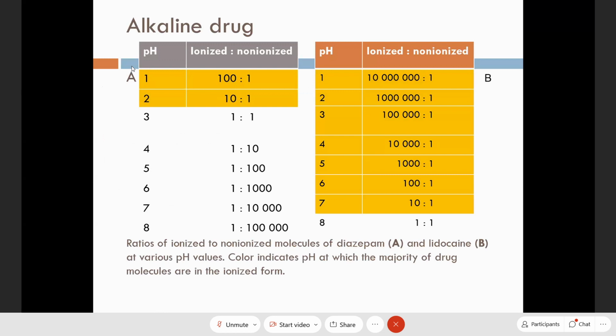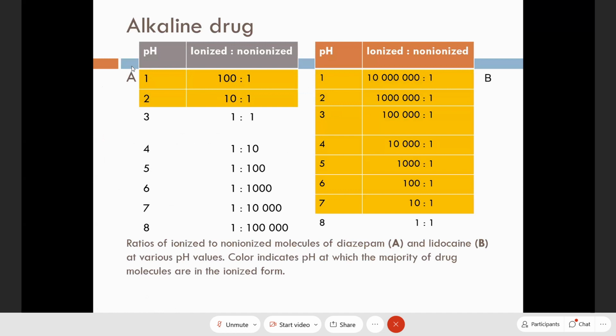Both of these drugs are alkaline, and I'm not going to explain this; the concept is very similar to the acidic drug. The pKa here is 3, and here the pKa is 8.